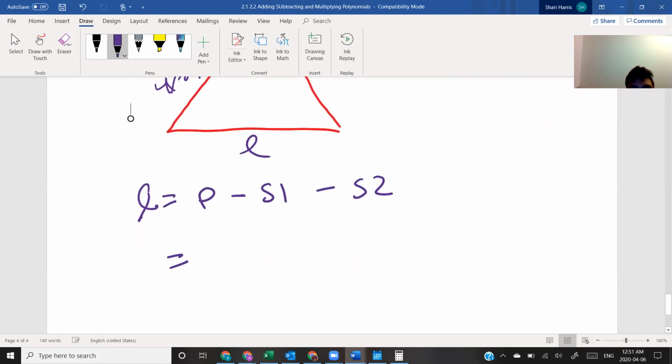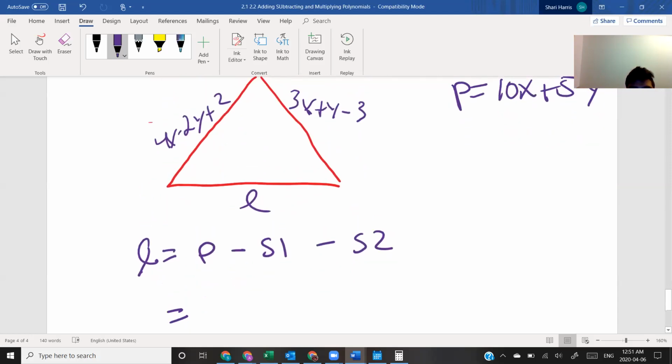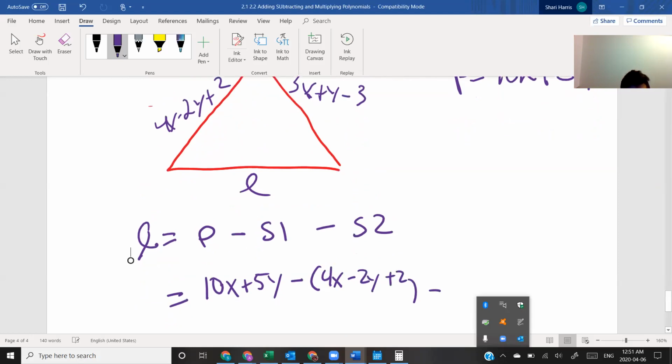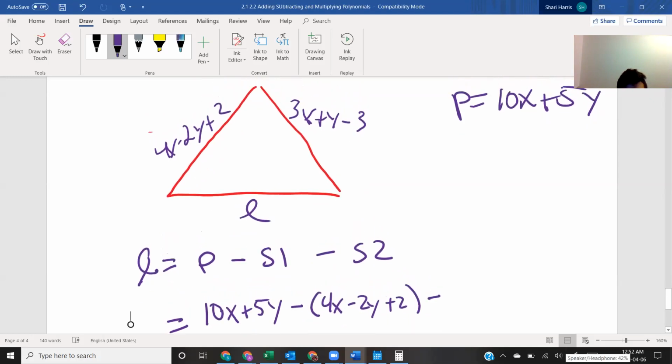So it goes 10x plus 5y minus 4x minus 2y plus 2, minus side 2, which is 3x plus y minus 3.